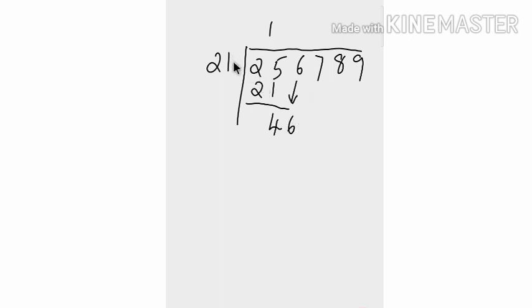How many 21s are there in 46? 2. So write 2 on the top. 2 into 21 is 42. 46 minus 42 is 4. Bring this 7 down.